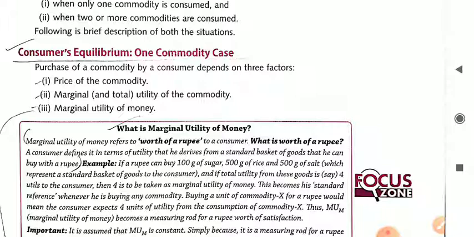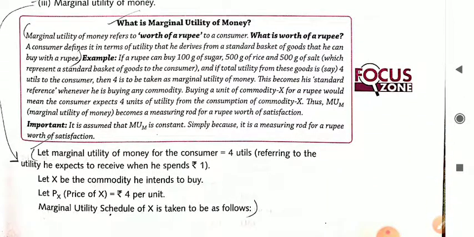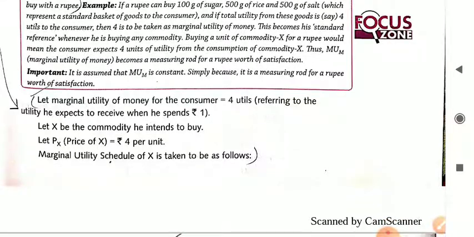Now we will start our one commodity case with the help of a numerical example. So be careful and attentive while we are doing this example. First of all, let us assume that the marginal utility of money for the consumer is 4 utils.